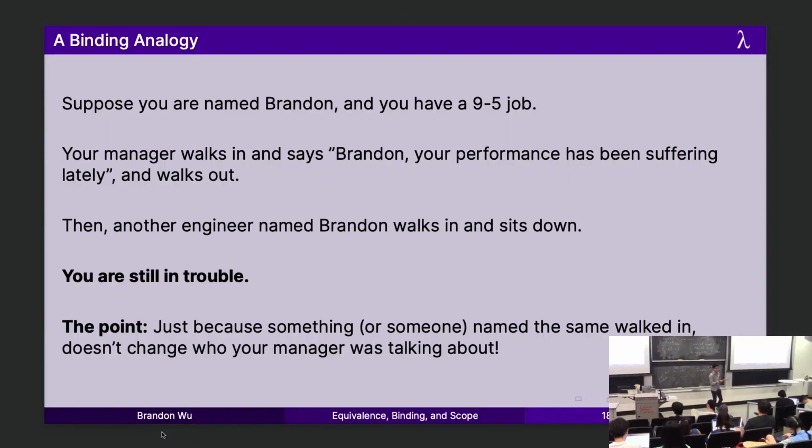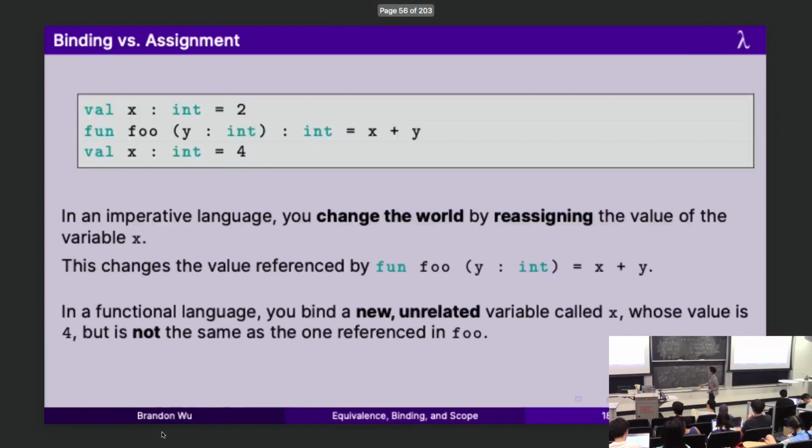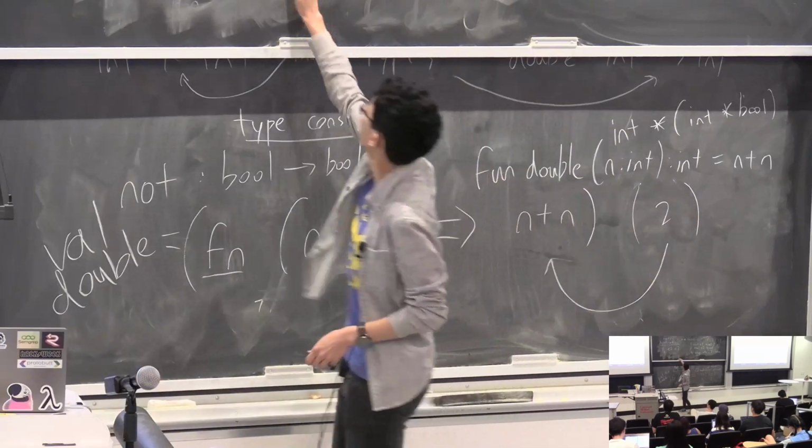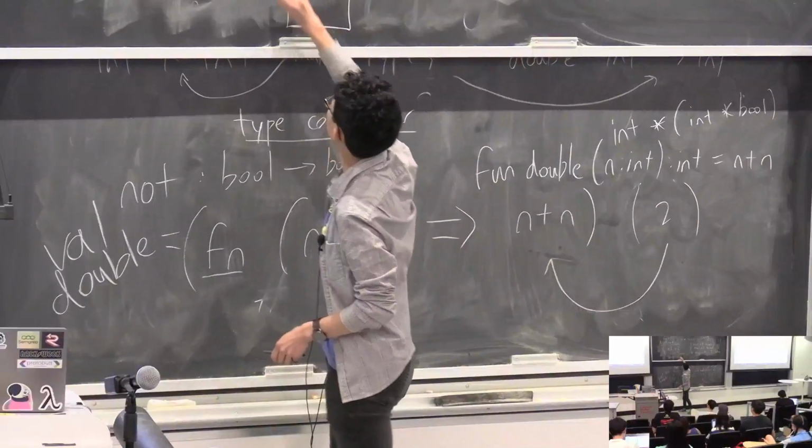So the point is that when I have this x here, I bind x to 2. And then this binding of x to 2 exists forever. Then I happen to bind something that happens to be named x to 4. That's fine. It's unrelated. It's not the same thing. I'm not reaching into a box somewhere labeled x which has 2 in it.